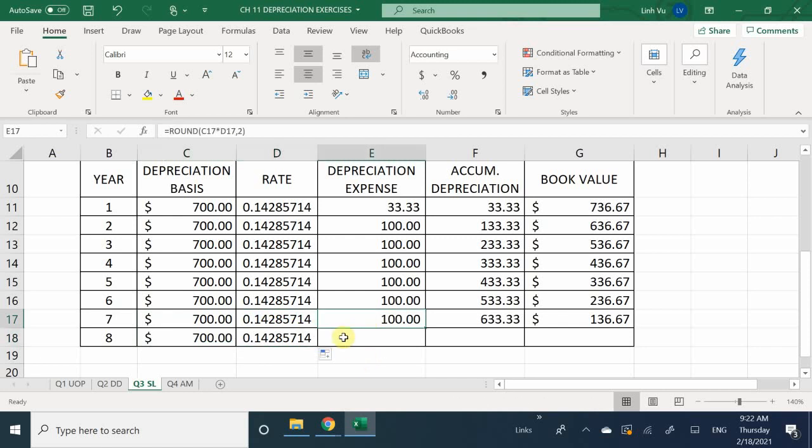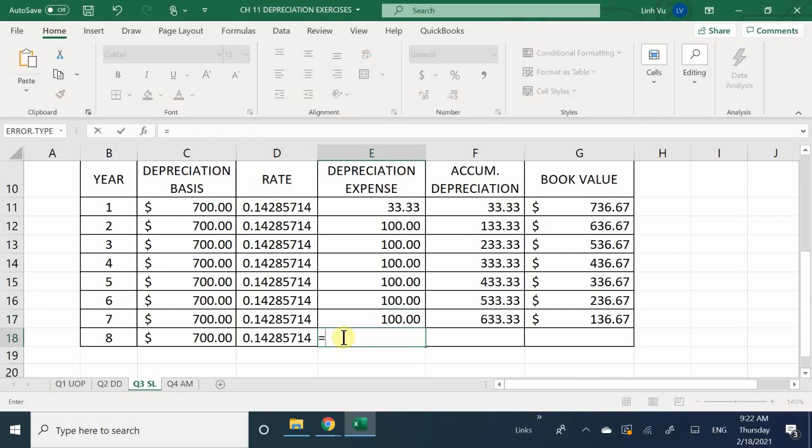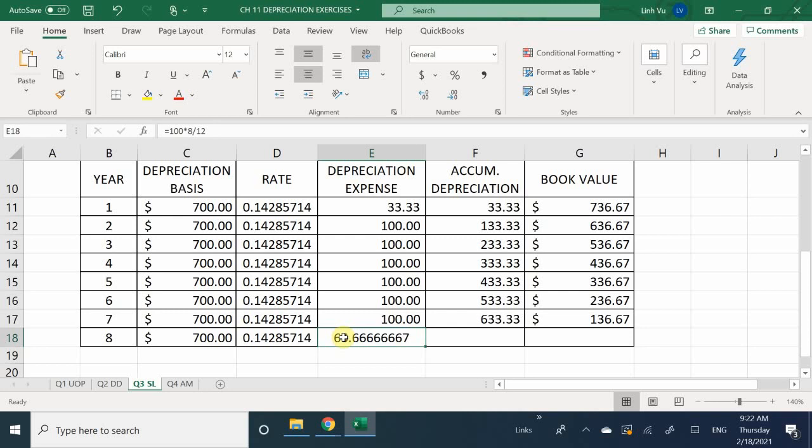So what is 8 out of 12? 8 divided by 12 gives you, let me round that number up, 66.67. All right.